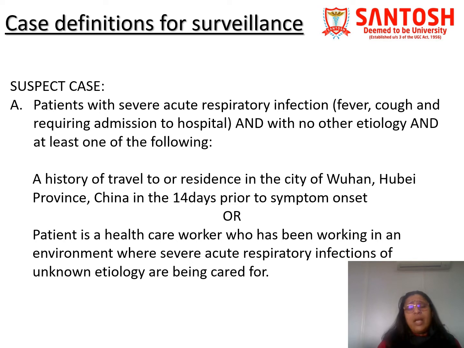Now, as per the definition, a suspect case is a case with severe acute respiratory infection like fever and cough, requiring admission to hospital, with no other etiology, no other cause of this severe acute respiratory infection, and at least one of the following: either a history of travel to or residence in the city of Wuhan, Hubei province, China in the 14 days prior to symptom onset.